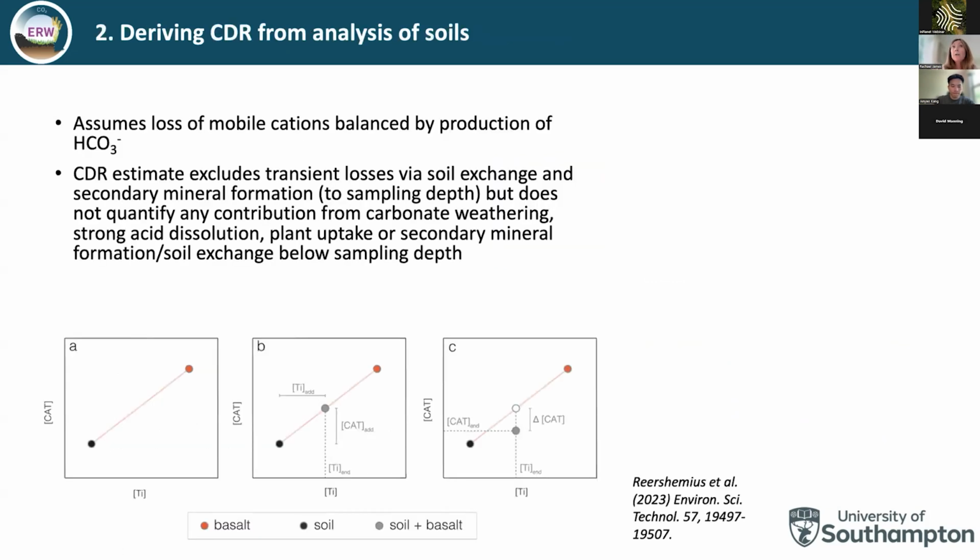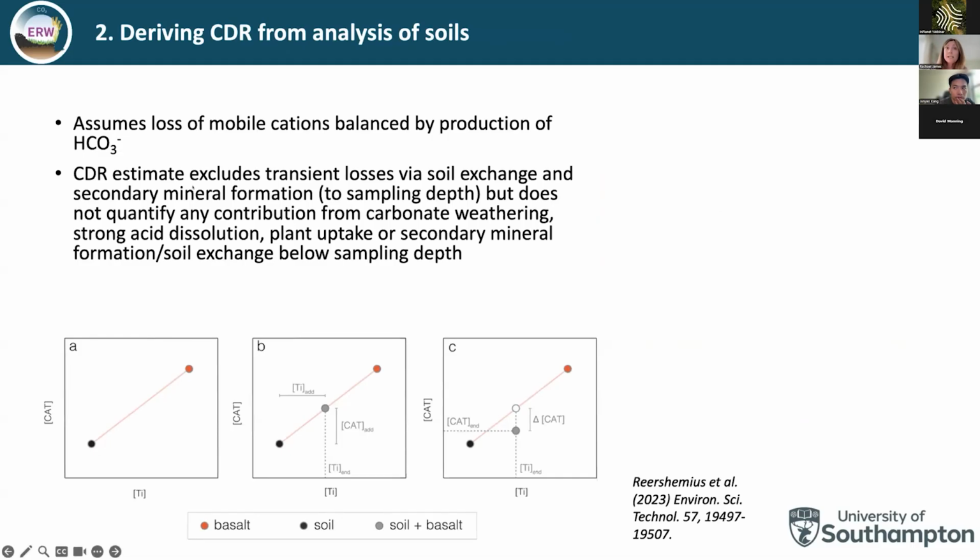Okay, deriving carbon dioxide removal from the analysis of soils. So again, this is based on the established chemical index of alteration procedures that I talked about before. So we assume loss of mobile cations is balanced by the production of hydrogen carbonate.